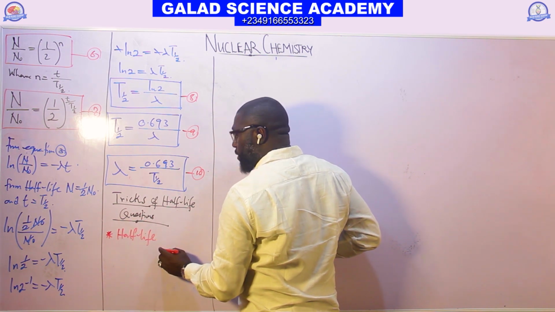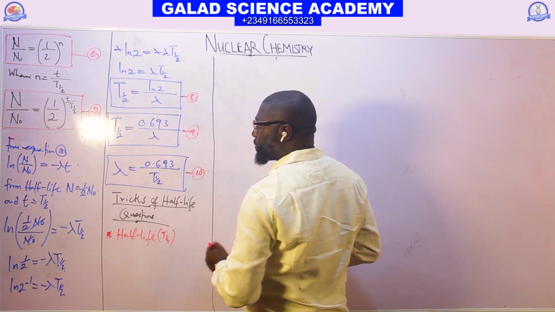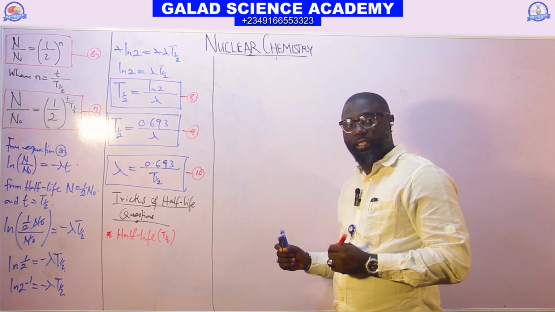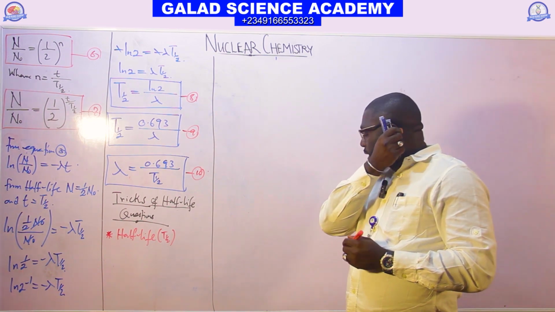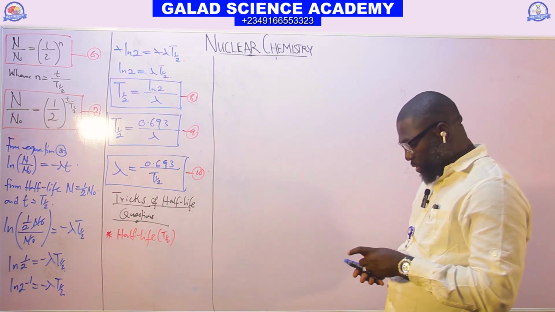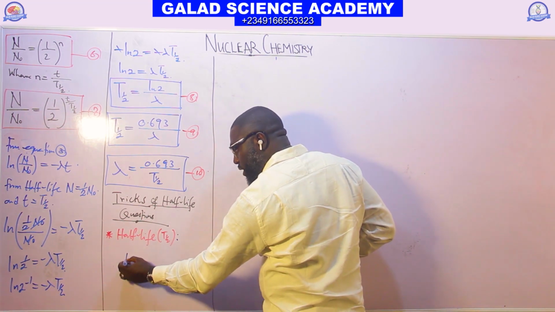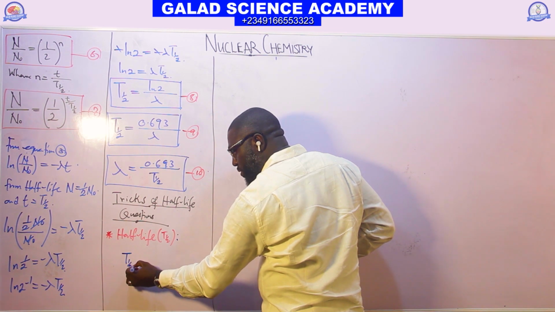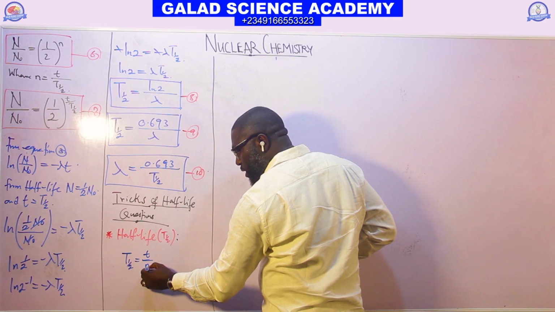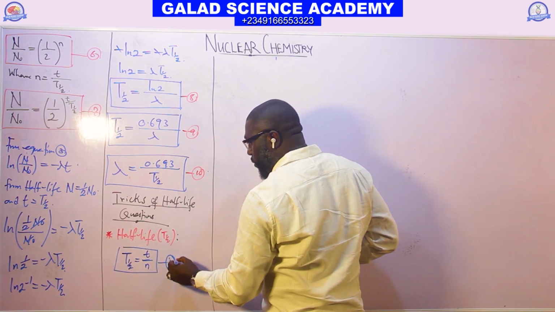Half-life T is the radioactive time over N. This will be half-life equal to T over N. Call it equation 1.